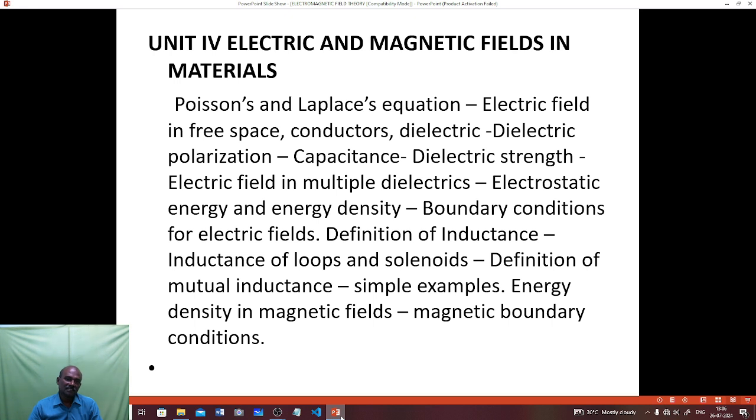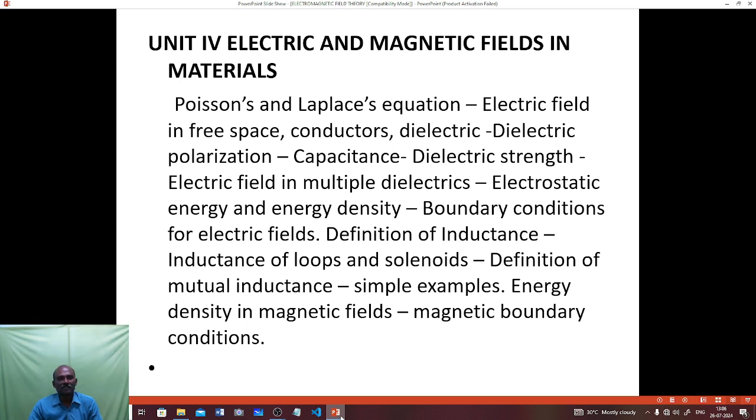The fourth unit deals with electric and magnetic fields in materials. Normally the materials are capacitor and inductor. The electrostatic material is the capacitor, the magnetostatic material is the inductor. We are going to study how to find inductance and capacitance for various regular materials.